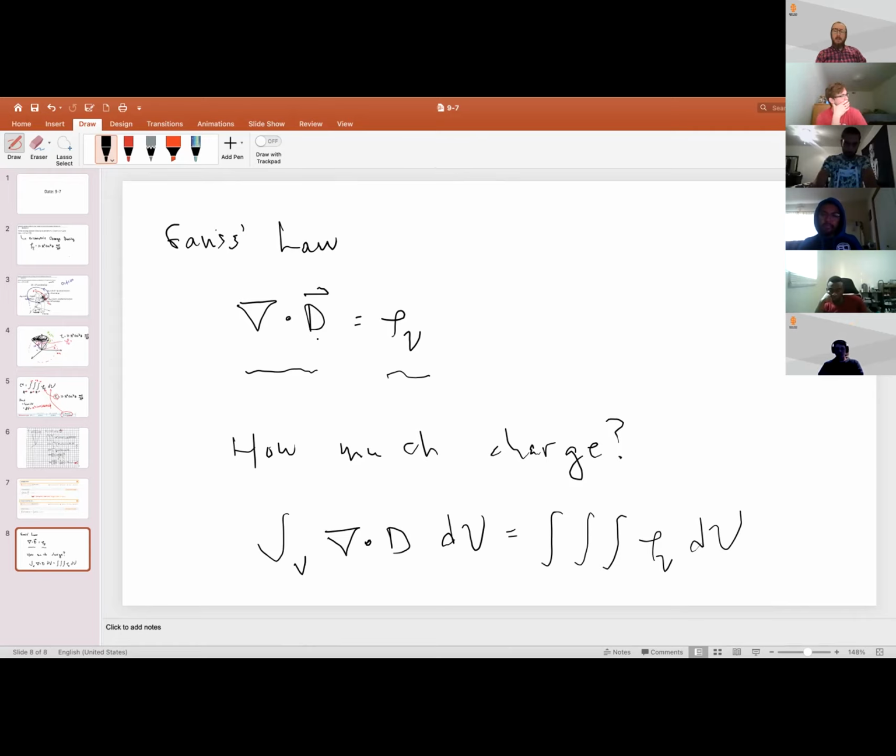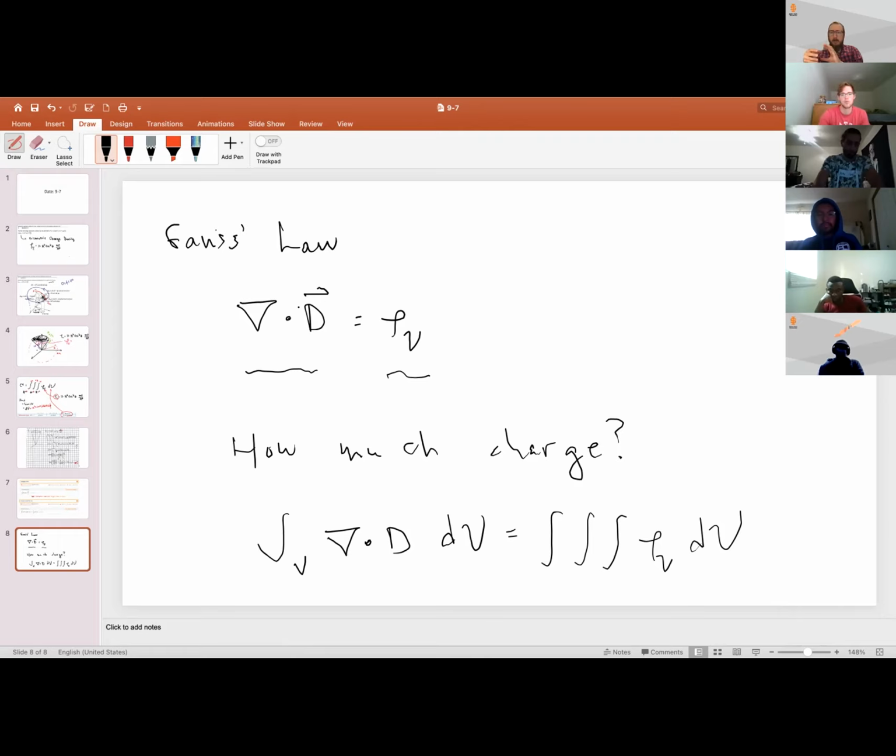This is a vector field. It's a bunch of information about the magnitude and direction of the electric field in space. And using that information, you can also determine how much charge is in that space.